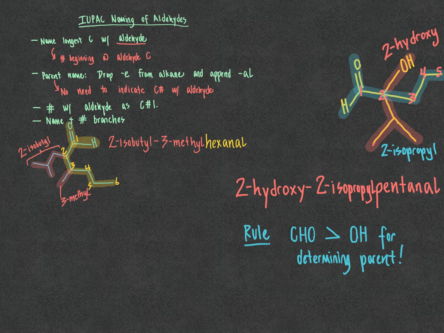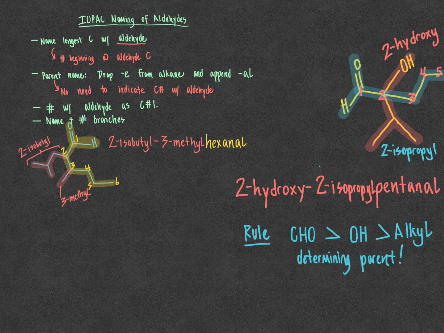There's a whole hierarchy for determining names of molecules, where previously we learned in an earlier unit that alcohol groups, when determining the parent name, were more important than alkyl branches. And so when we were naming molecules with alcohol groups, what we did was we started numbering from the end closer to the alcohol group.